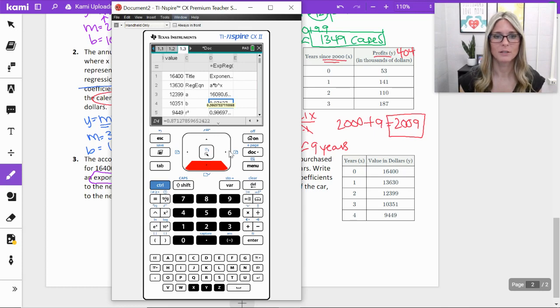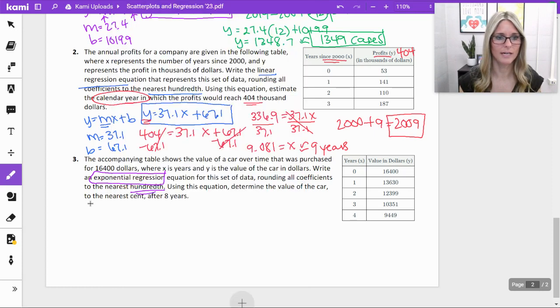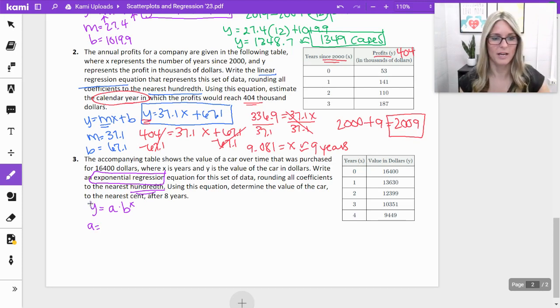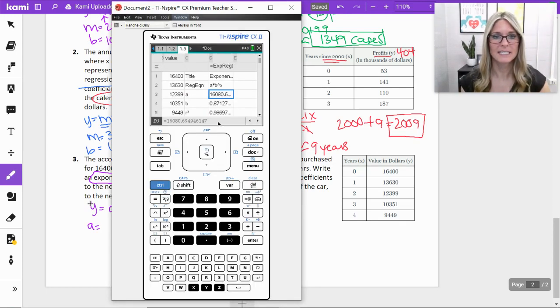Okay, so let's get that written down. We are rounding to the nearest hundredth. So exponential y equals a times b raised to the x. A was 1680.694. You see how I'm looking down here? We're rounded to the hundredths, which will be the 6.9. The 4 tells me to let it rest.